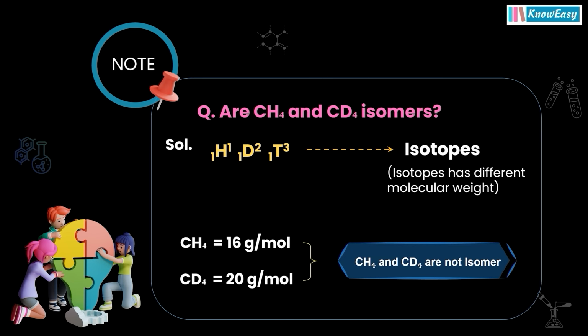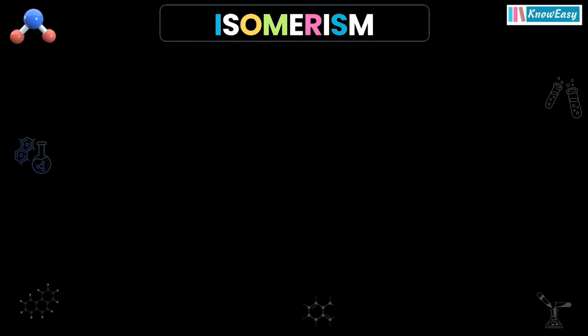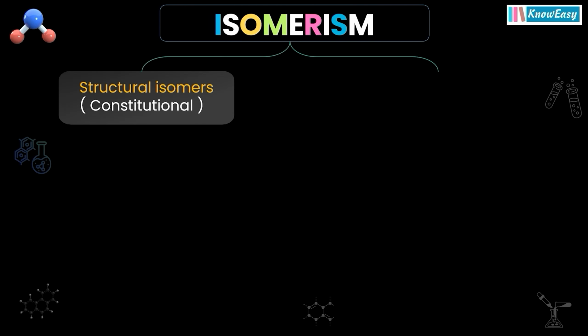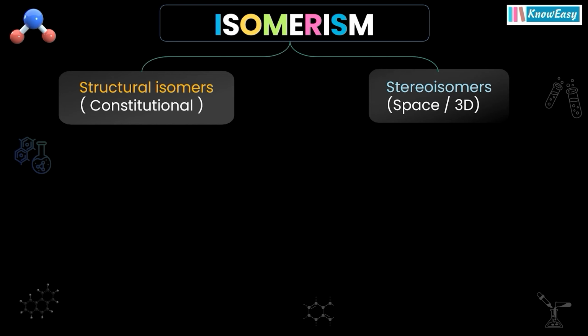So this is very important point, my dear students. Isomers are broadly classified into two types. Number one is the structural isomers and second one is the stereoisomers. Structural isomers are also called as the constitutional isomers, whereas stereoisomers are space isomers or 3D isomers.